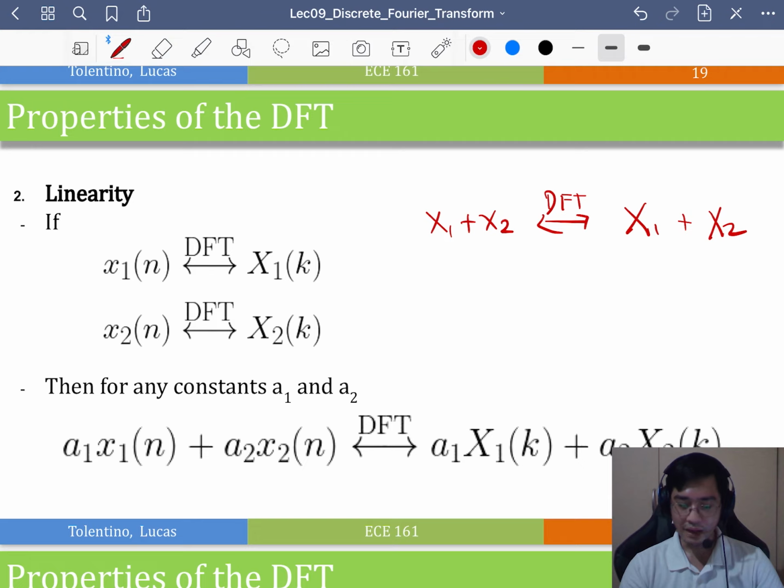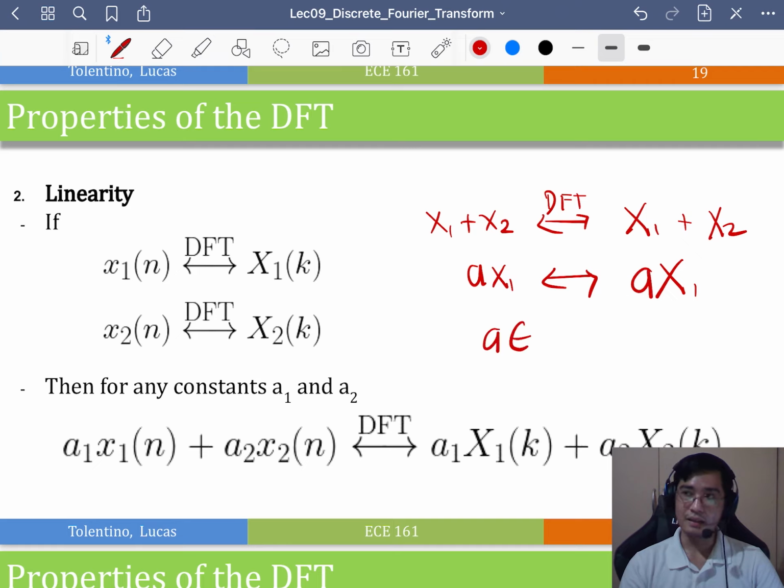At the same time, if A is a constant and we scale the time domain signal by A, we take the same DFT and the same scaling, provided that A is a constant.